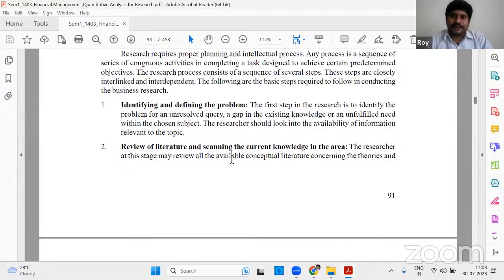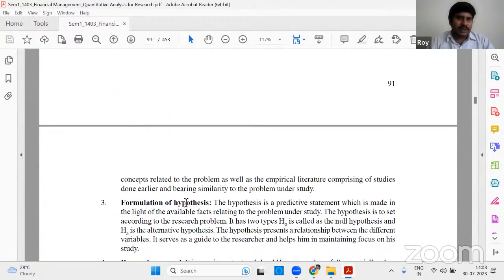Based on that, I can do that. So you analyze and scan the current knowledge in that area and review all the available conceptual literature. You read it, then you will understand something of it.